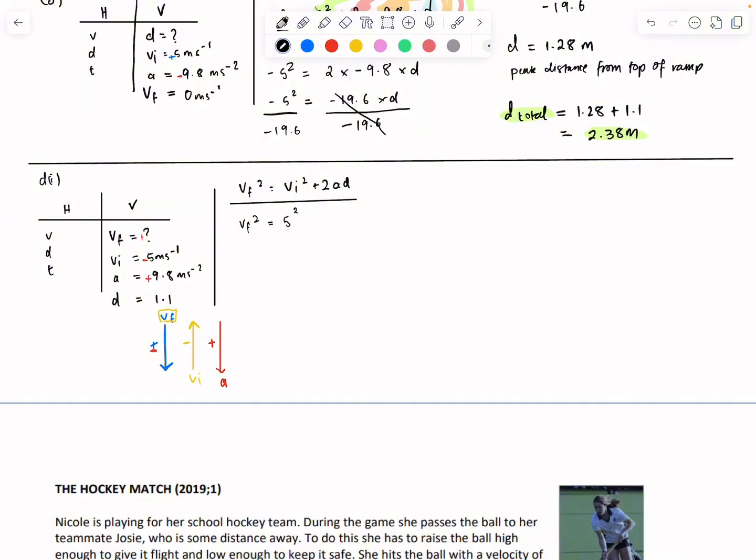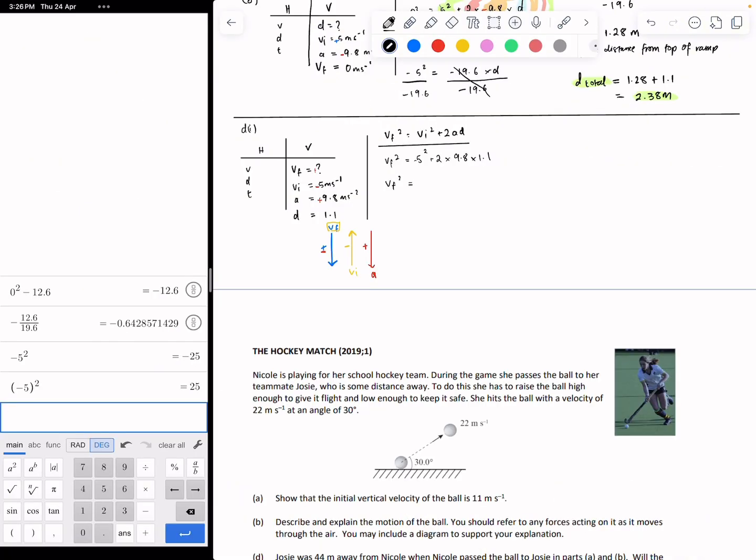Okay, and we know that's a negative at the moment, plus 2 times 9.8 times 1.1.